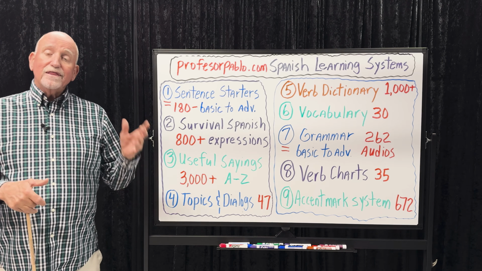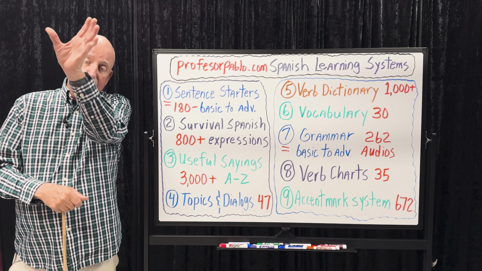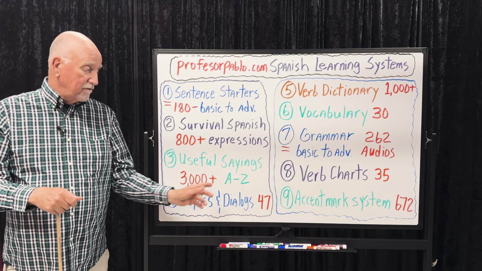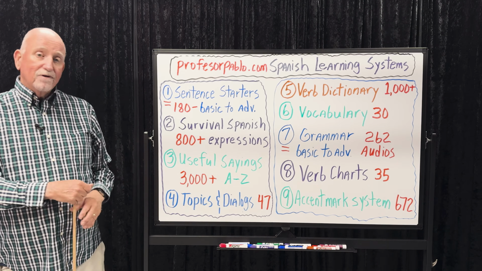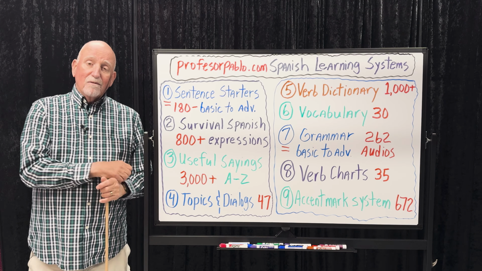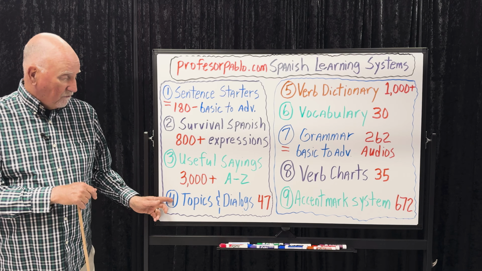There are over 3,000. And guess what? Yes, they are in English alphabetically from A to Z. 3,000 plus from A to Z. You're going to have a ton of great times reading these. Go through them at night. Mark the ones that you like, and start using them.